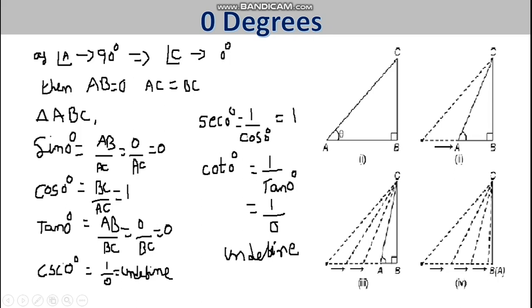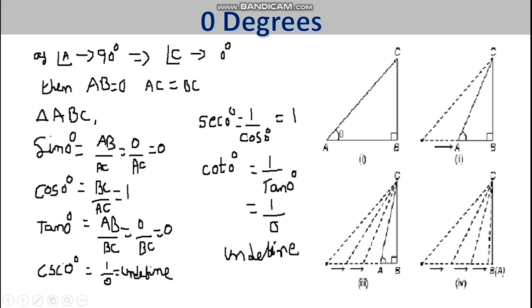Cos 0 degrees, side adjacent to 0 by hypotenuse, that is BC by AC, and both are equal, so we got 1. Tan 0 degrees, side opposite to 0 degrees, that is AB, by side adjacent to 0 degrees, that is BC. AB by BC, we know AB is 0, so 0 by something is 0.